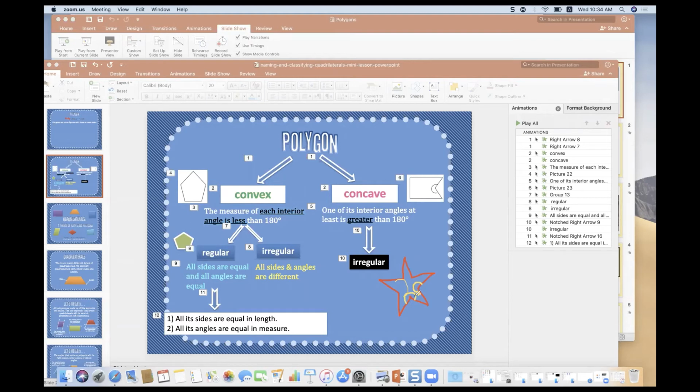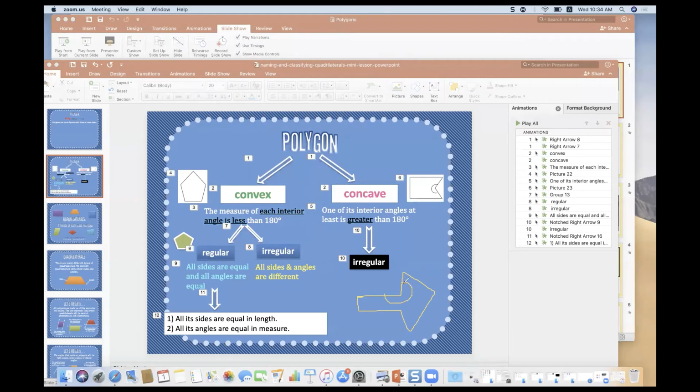Okay, I will draw another one, Miss Amira. I want to erase this. And I think you have this shape in the quiz, right? Yes. Can you see this angle?